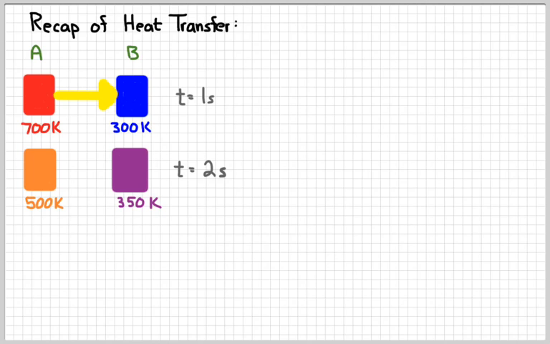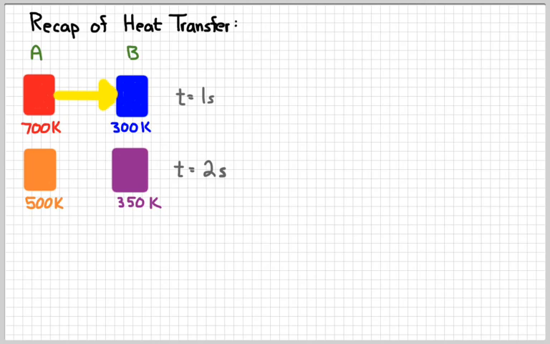So just as an example, I've got A cooling down to 500 Kelvin and B warming up to 350 Kelvin. Now notice that those temperature changes aren't necessarily the same because sample A and B could be different. They could be different sizes, they could be made out of different things. So I don't want you to think that those temperatures are necessarily going to meet, quote-unquote, in the middle.